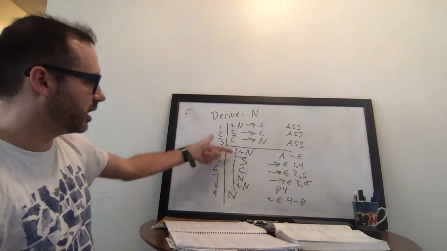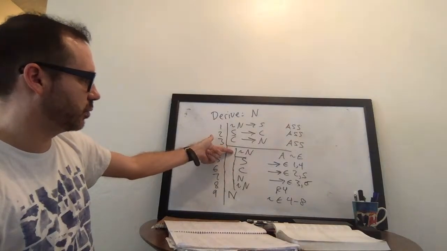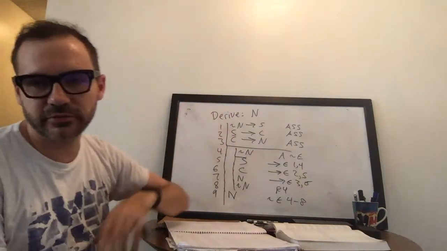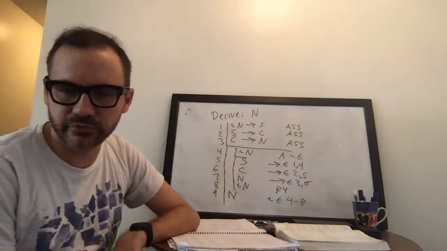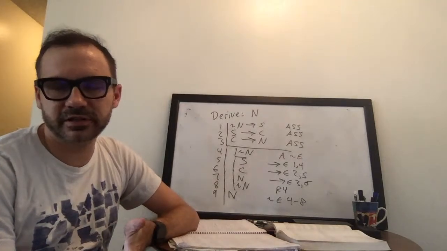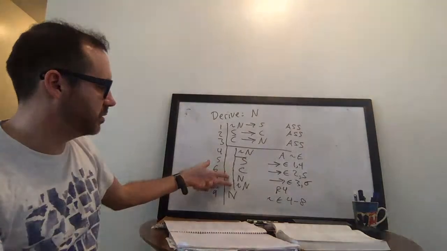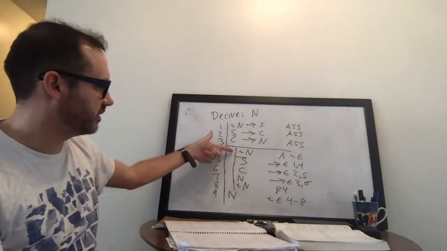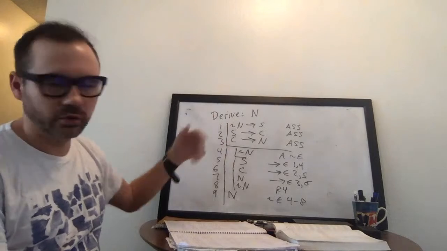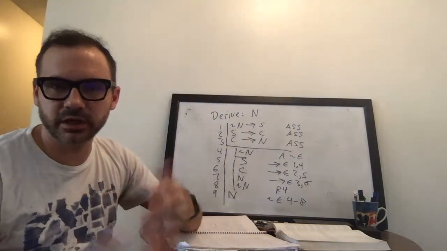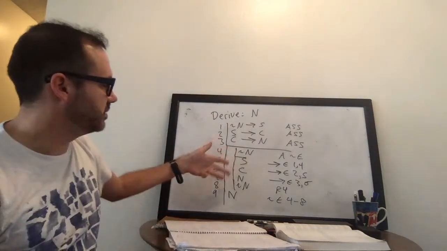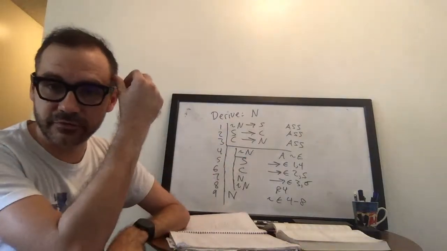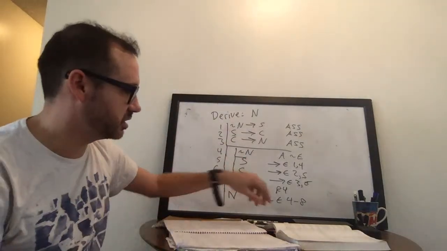Sometimes the contradictory pair will not be one of the sentences that was assumed, but some other stuff that was already in the proof from elsewhere. So depending on the particular example, the contradictory pair could involve the statement which was assumed initially, or in other cases, it could simply be a contradictory pair of statements obtained from other parts of the derivation. Okay, so this is how negation elimination works.